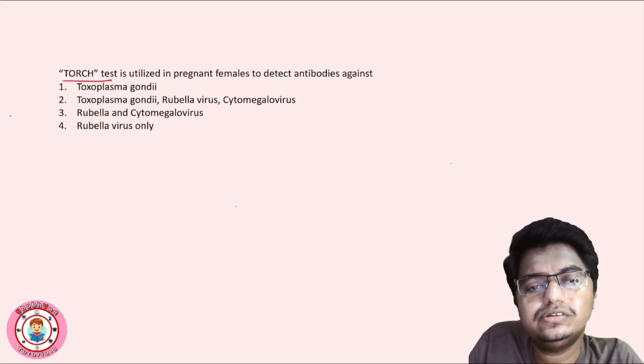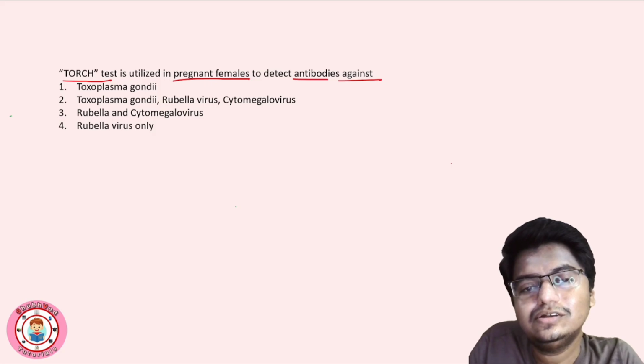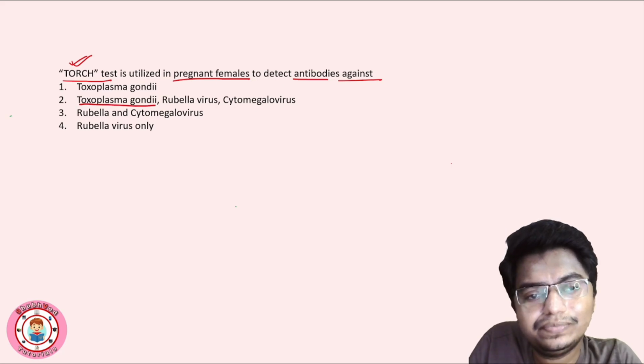Then the TORCH test. TORCH is utilized in pregnant females to detect antibodies against. The TORCH test is what? I will tell you. TO stands for Toxoplasma gondii. R stands for rubella virus.